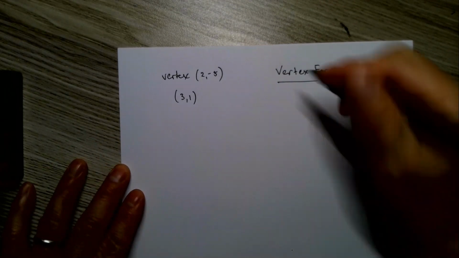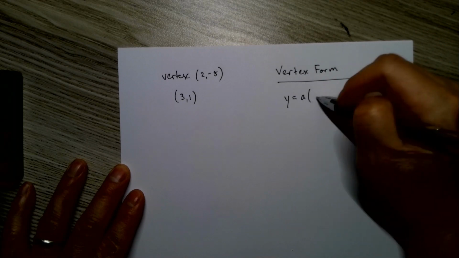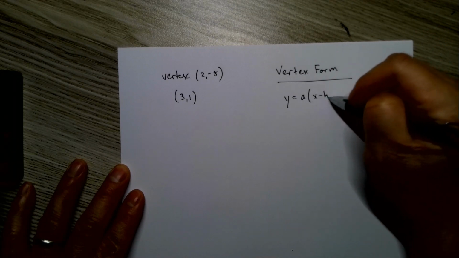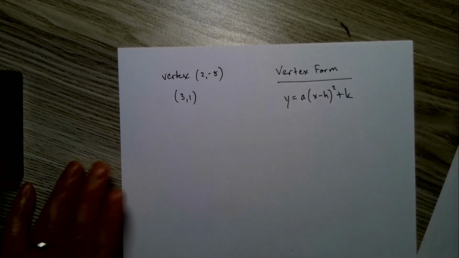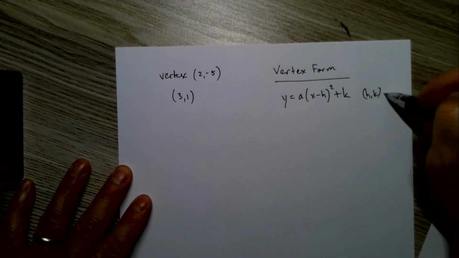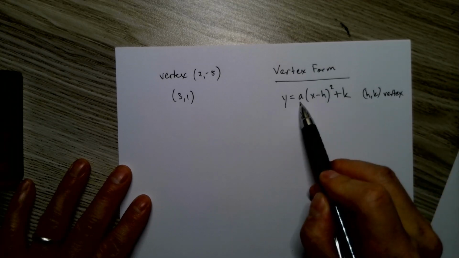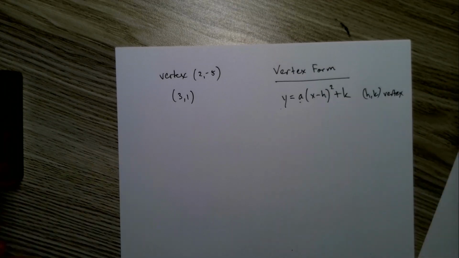So vertex form of a quadratic looks like this. (h, k) is the vertex. A is a constant, and x and y are the independent and dependent variables as usual.